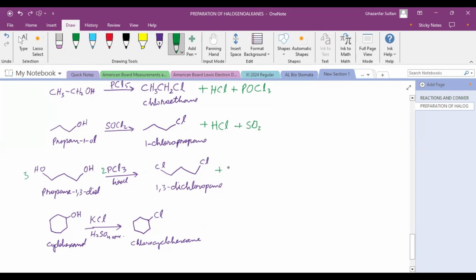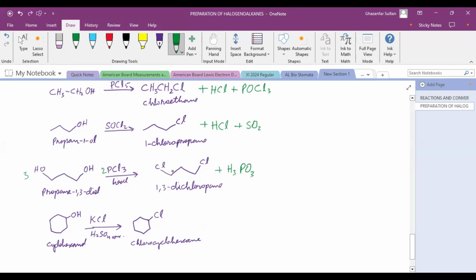It produces as many HCl as there are OH groups.